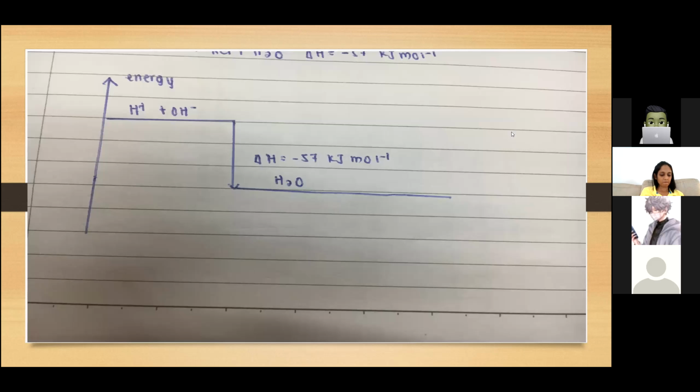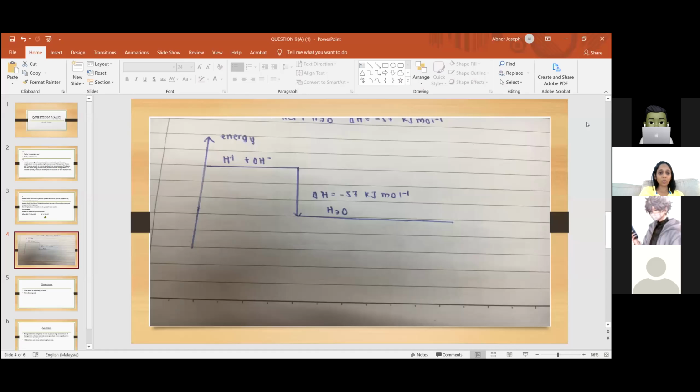So this is the energy level diagram for the reaction. If exothermic, it will go down, like going down the stairs. And you must have ΔH = -57. You can either write H+ and OH-, or you can write the full equation also. Correct. That's all. 4 marks for this whole thing. Well done. Fast and easy.